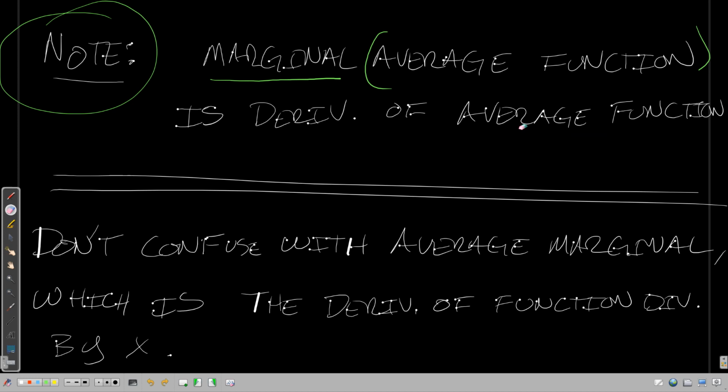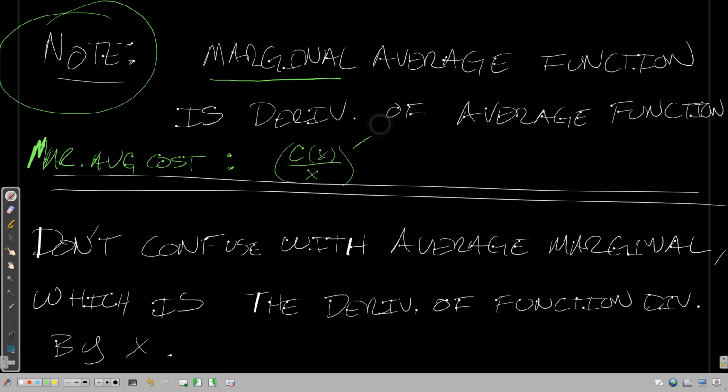So then the marginal average cost, you would take the derivative of this.